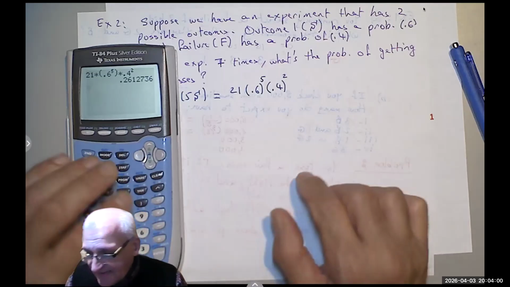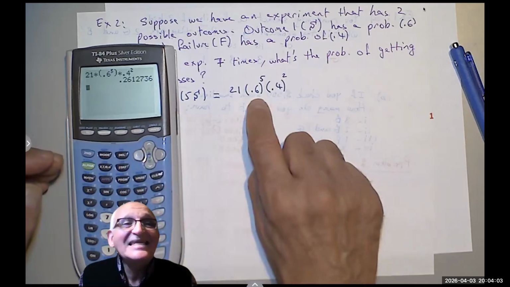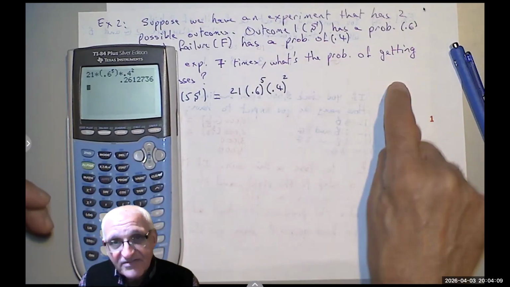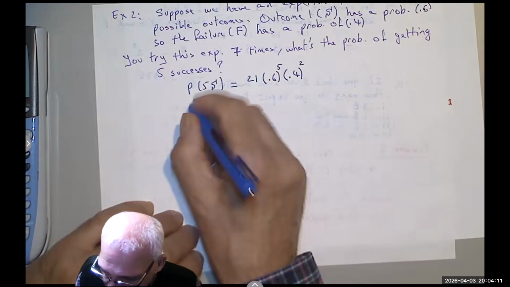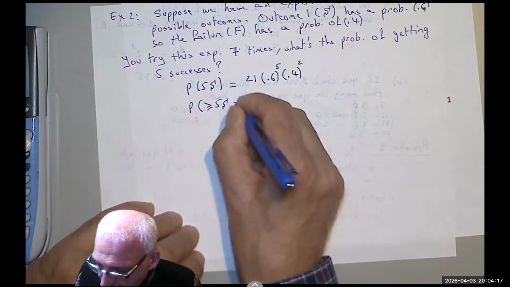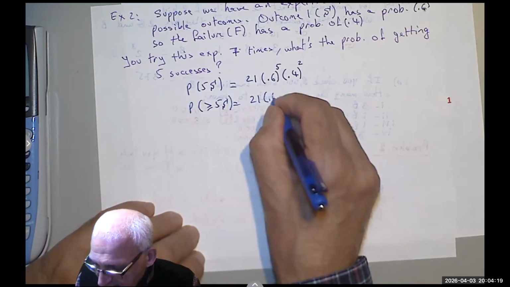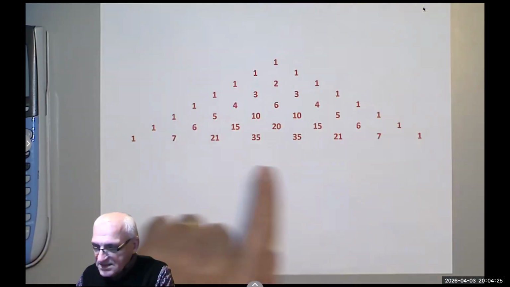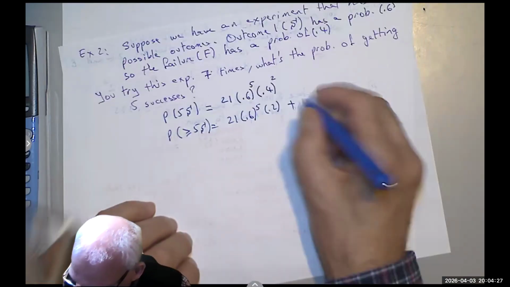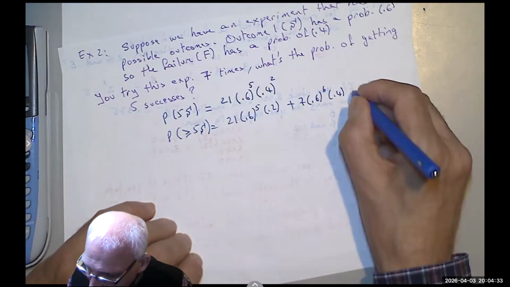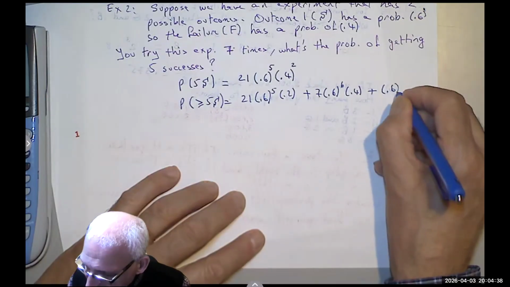Okay? If I tell you what is the likelihood that I at least get 5 successes, meaning 5 successes or 6 successes or 7 successes, then you would say the probability of getting greater than or equal to 5 successes would be 21, that's 5 successes, plus 7, which is 6 successes and 1 failure, plus 1 times 7 successes.